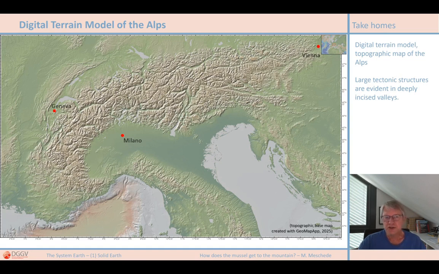Here we see a digital terrain model of the Alps, a topographic map created using satellite data on which the mountains and valleys are particularly clearly visible. Some striking lines immediately catch the eye. Like here, for example, one of the main valleys in the Alps.